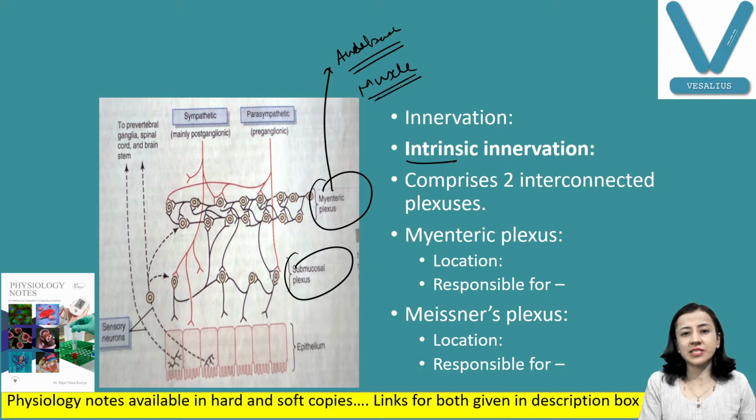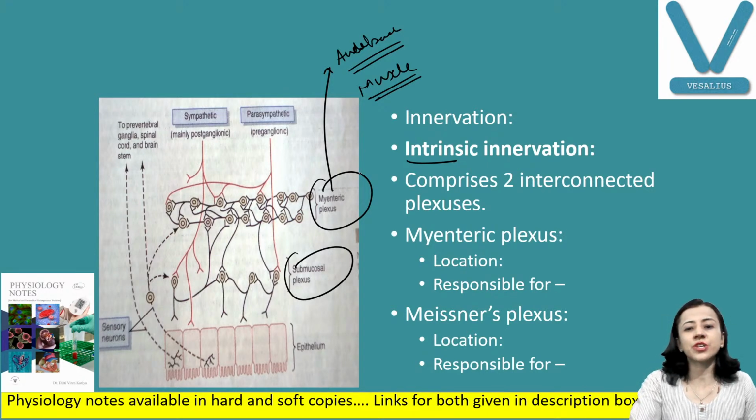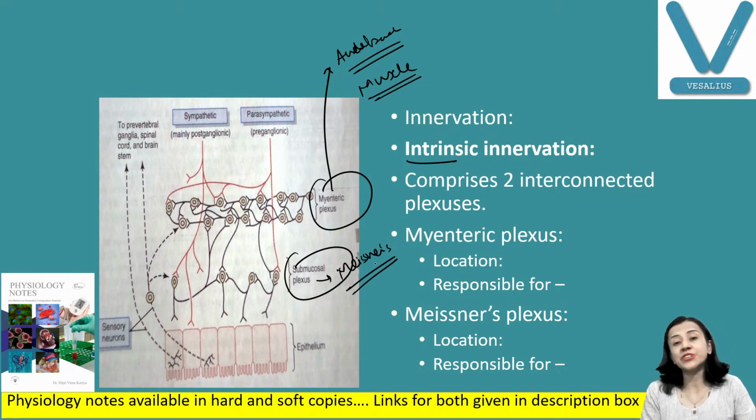When this plexus is stimulated, the muscles contract, so it is responsible for motility of the stomach and other digestive tract. The other is the submucosal plexus, known as Meissner's plexus, which is important for secretions, such as gastric juice and other secretions.